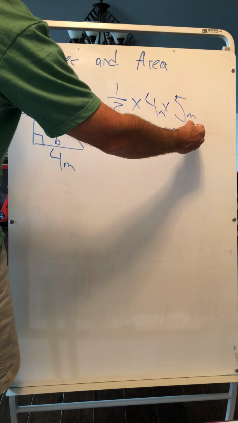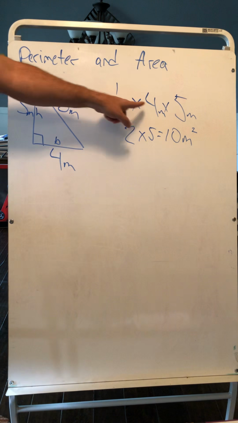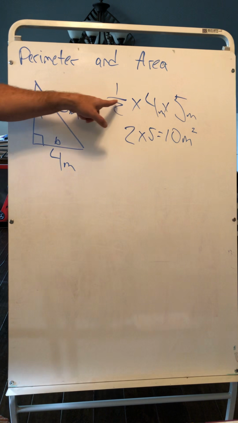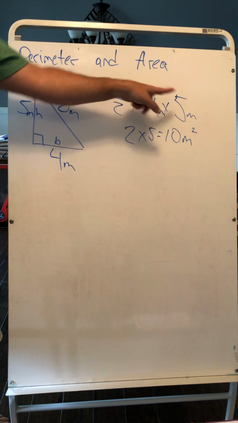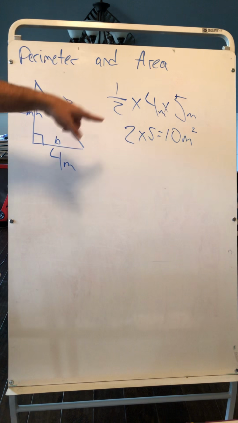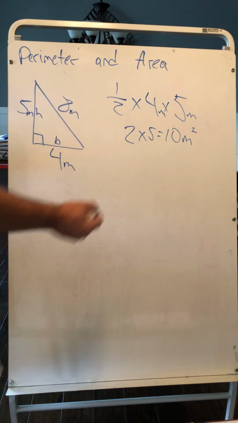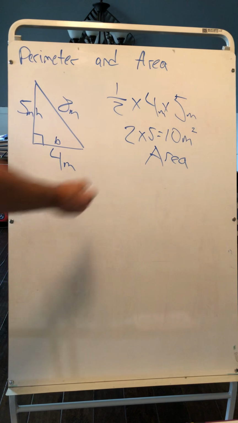And we've already said it's squared. So I could also do 4 times 5 and get 20 and take half of 20. Half of 20 is 10. You can do the 1/2 however you want to. You can do it at the beginning or at the end. Either way is fine. That would be your area of this one. Okay? So that's your area.